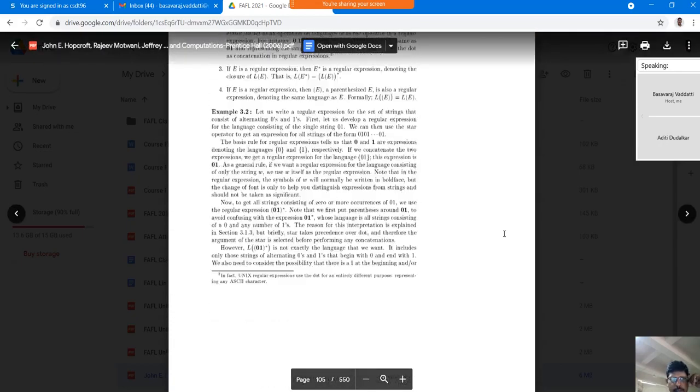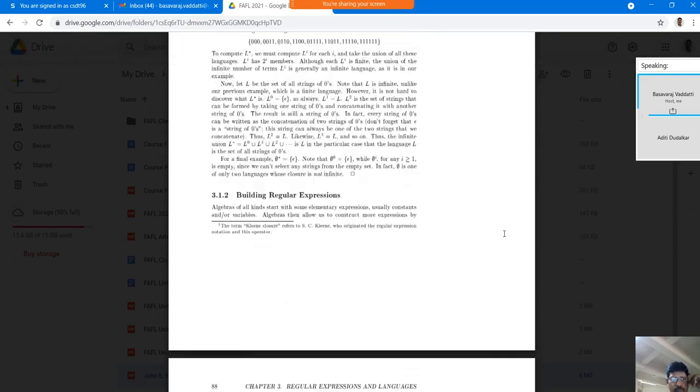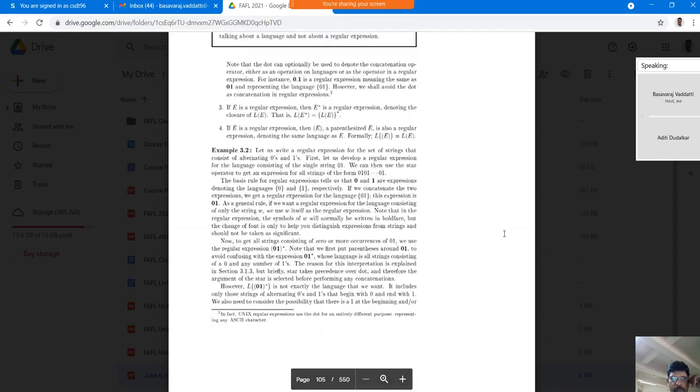Yes, let us have an example from this book, from your textbook.